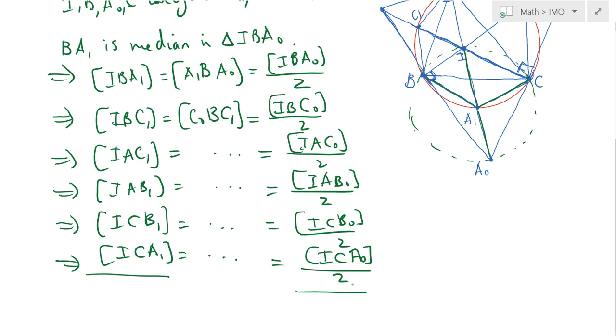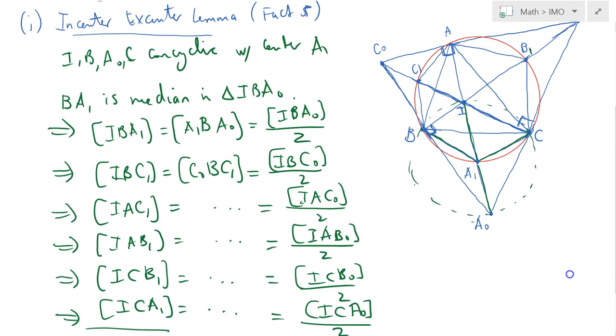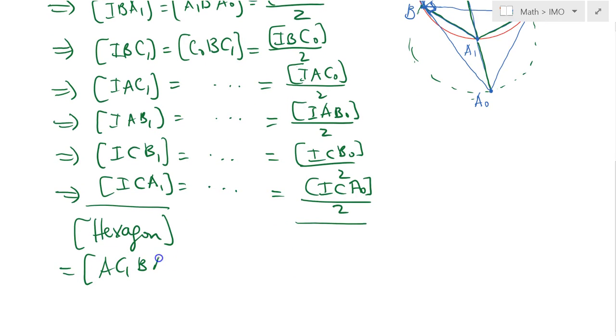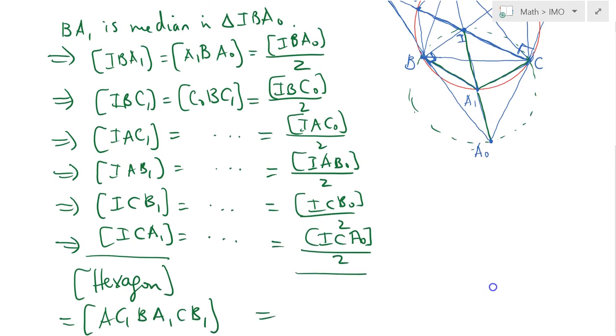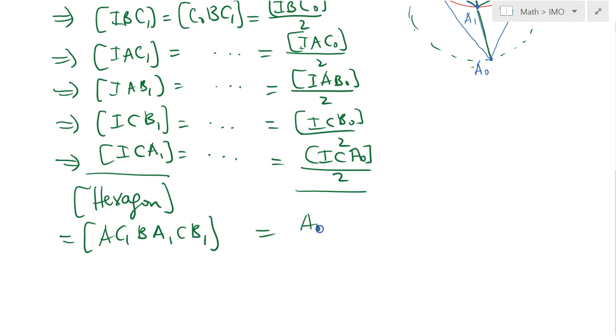Adding all the expressions on the left hand side, we will come up with the area of the hexagon, which is basically the area of AC1BA1CB1, and adding all the expressions on the right side, we will simply get, I assume everyone is clear on that, the area of A0 B0 C0 over 2.